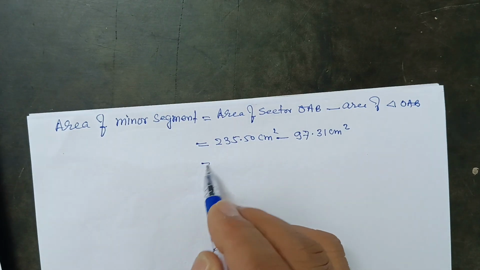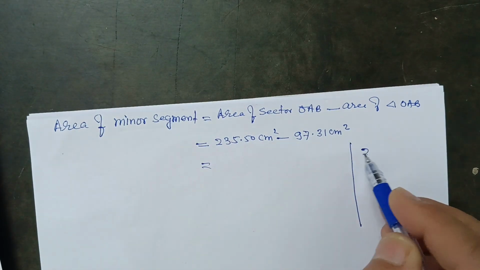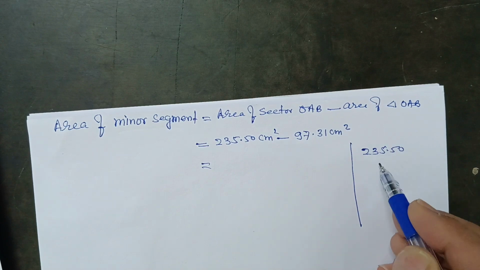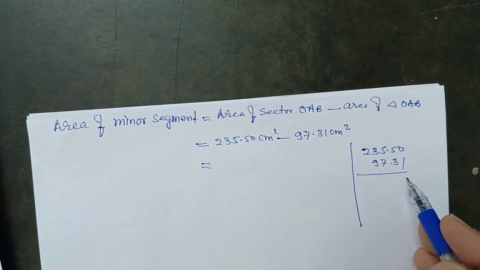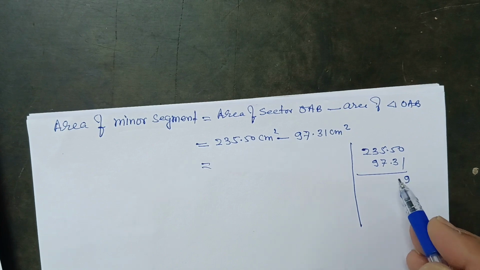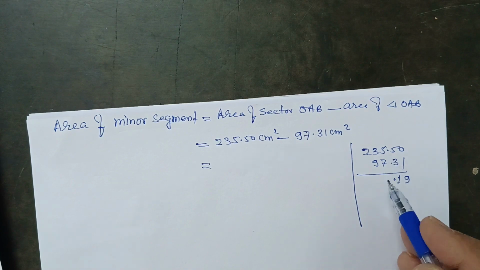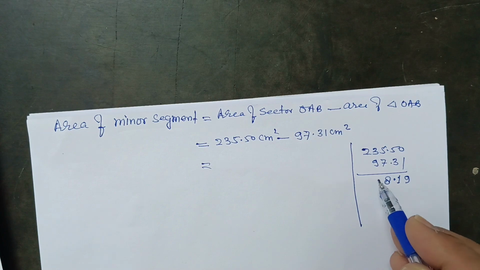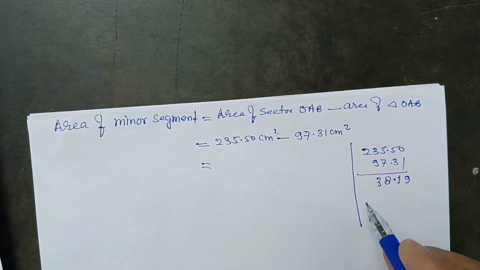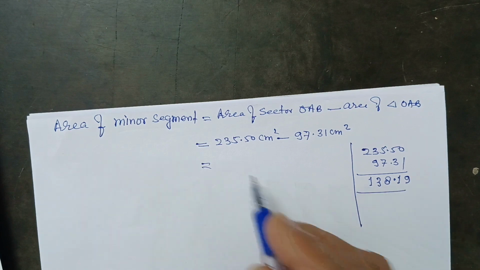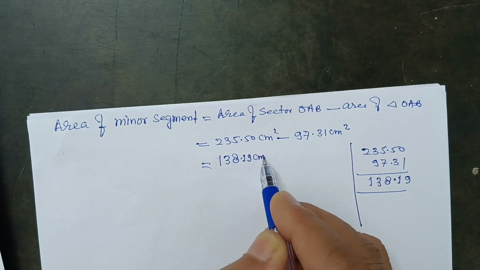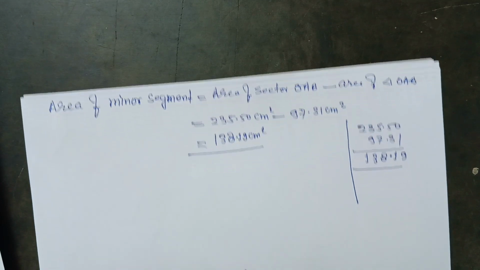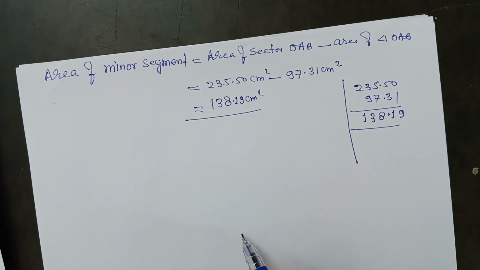Now on subtraction, 235.50 minus 97.31. You subtract it, and your area is 138.19 centimeter square. This is the area of the minor segment.